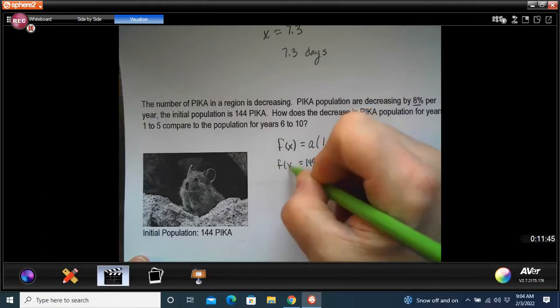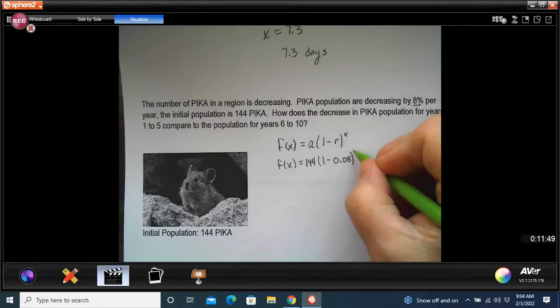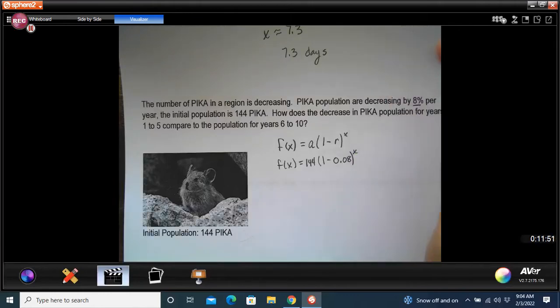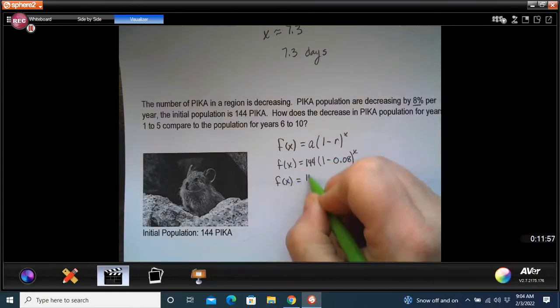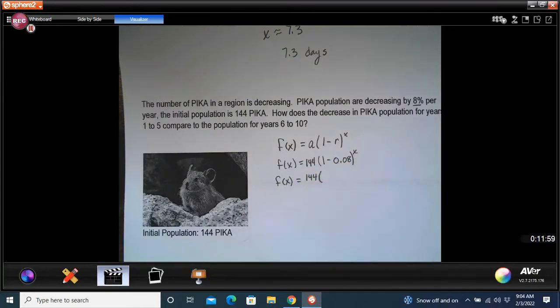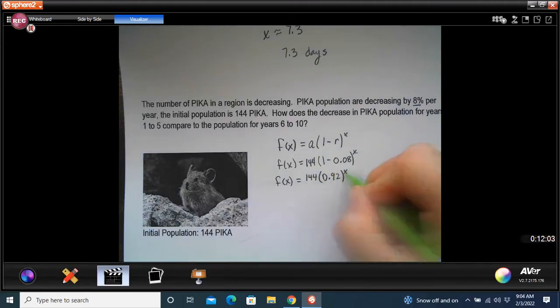I'm going to simplify that: 144 times 0.92 to the x.